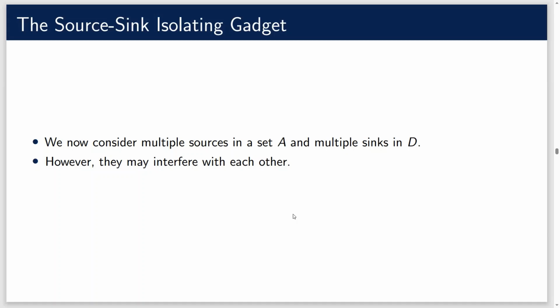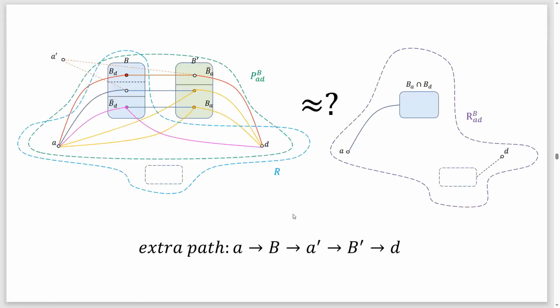So the sources or sinks may interfere with each other. We can look at this example of why the addition of another source A prime makes the set intersection filter lemma not true. In our proof we cut everything in BD cap BA bar in B, and also the pink ones and yellow ones in B and B prime.